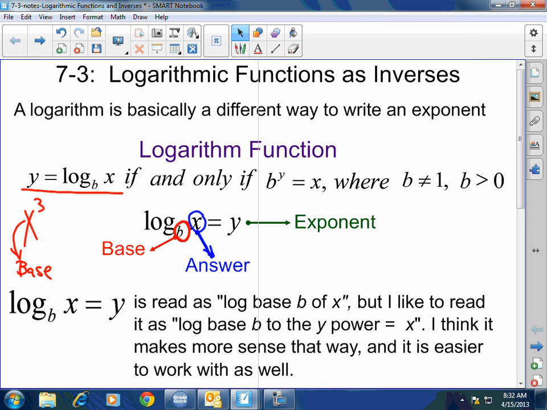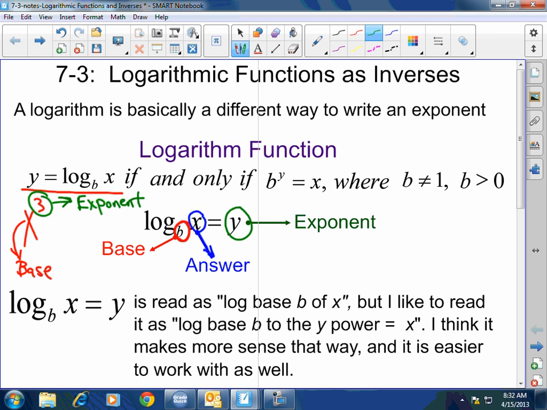And then y is the exponent. So y would be this 3 if you were going to set it up as an exponential value. So b is the base of the exponent, or exponential expression, y is the actual exponent, and x is the actual answer, okay?